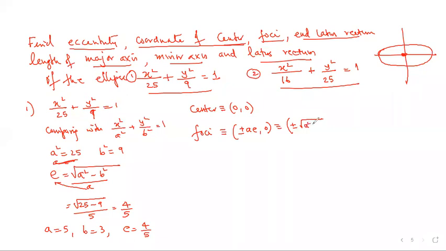You can write it this way also, which means the foci is the difference between 25 and 9 under root, that is plus or minus 4 comma 0. Root of a square minus b square is your foci.